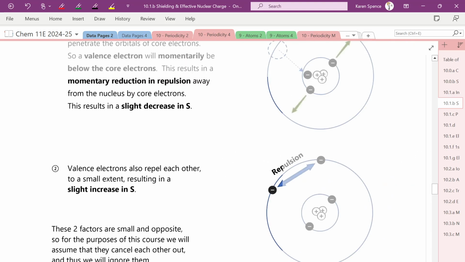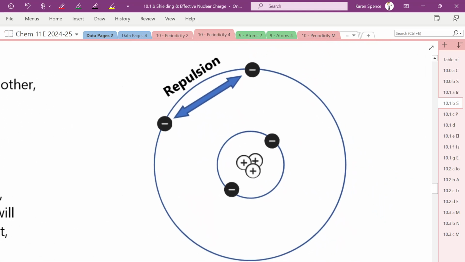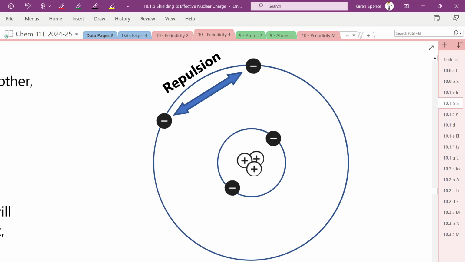But sometimes people ask me things like, what about the repulsion between electrons in the same shell, right? I'm like, that's not in my effective nuclear charge calculation, is it? No. So is there repulsion between electrons in the same shell? Yes, there is, but it is small compared to the repulsion from the inner electrons on the outer electrons.